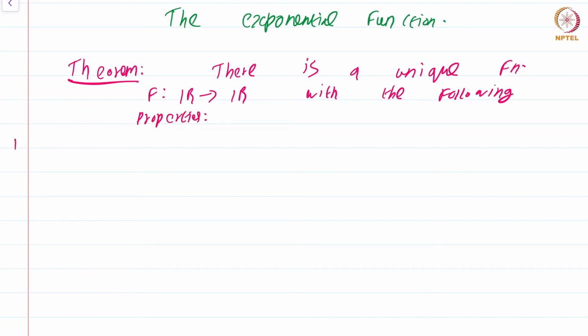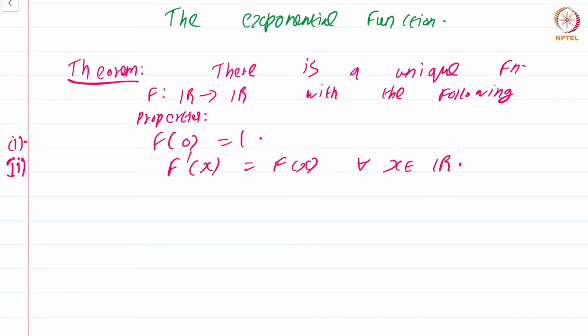Number 1, f of 0 is equal to 1. Number 2, f prime of x equals f of x for all x in R. So there is a unique function which takes the value 1 at 0 and whose derivative is itself. Proof.